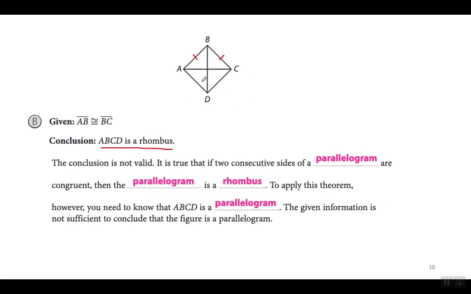All right, so look at this, because you're going to have stuff like this on your homework. We said that in order to be a rhombus, it has to be a parallelogram. Let me draw it here so you can see what I mean.